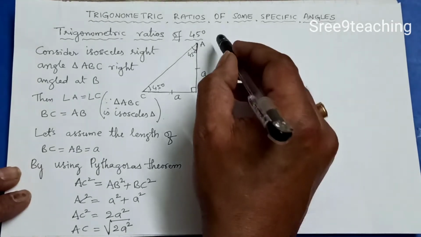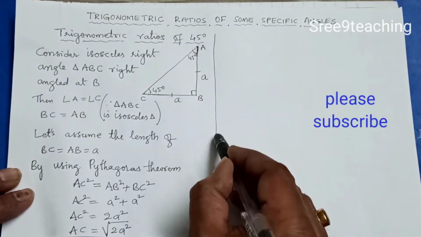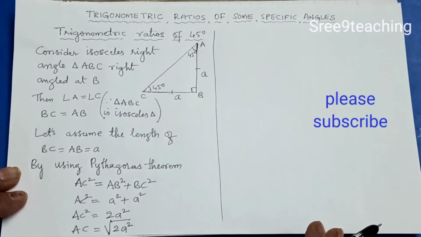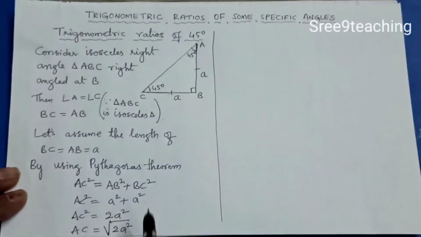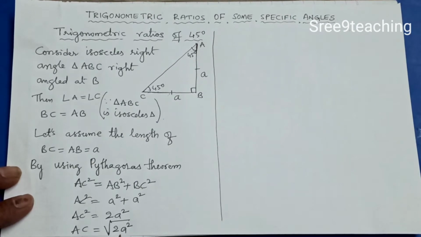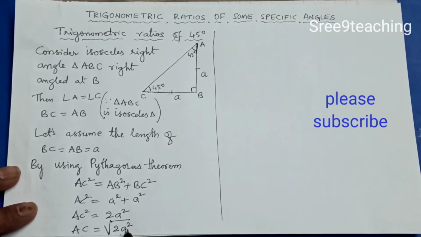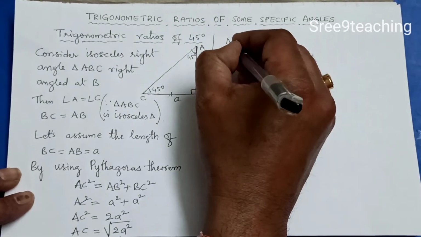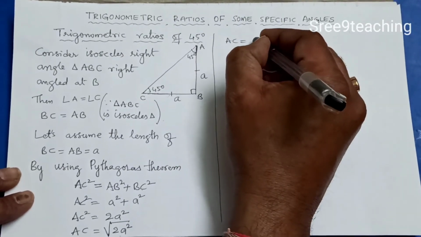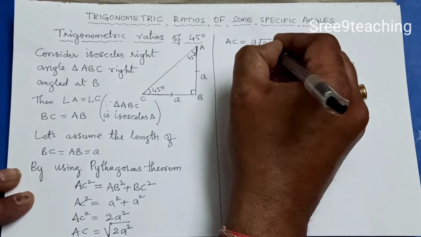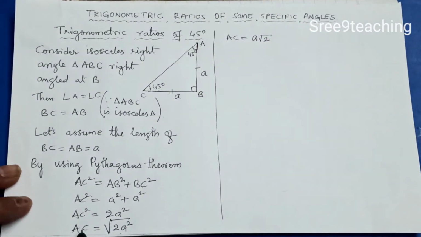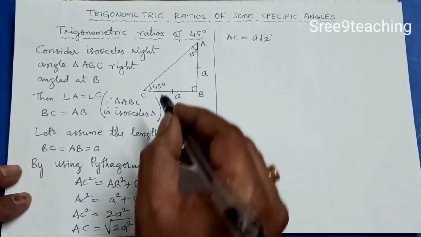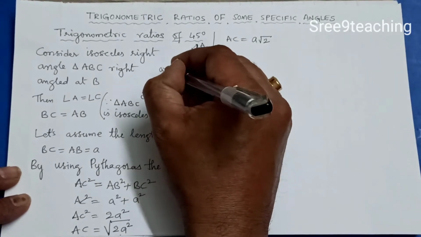Got it? As AC is equal to root of 2A square, the square root of A square will be A, and we write root 2 as it is. That is AC is equal to A into root 2.